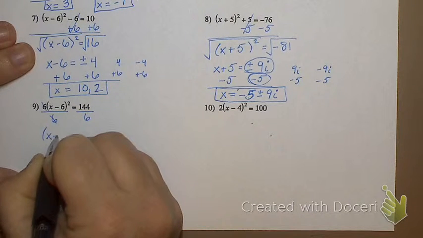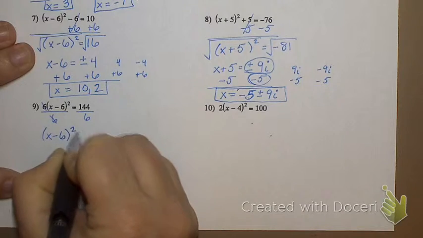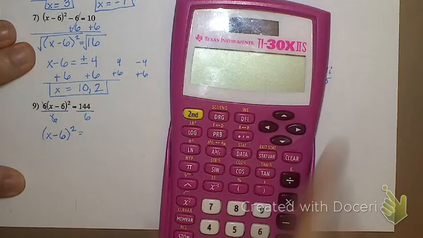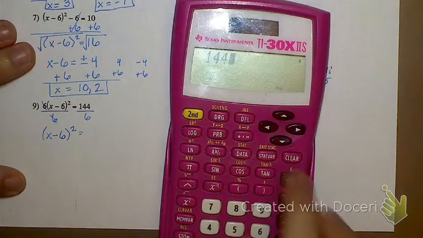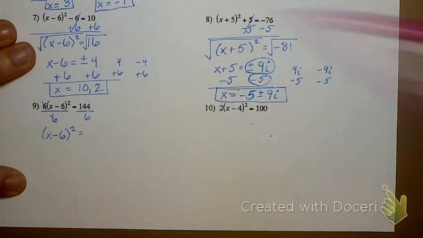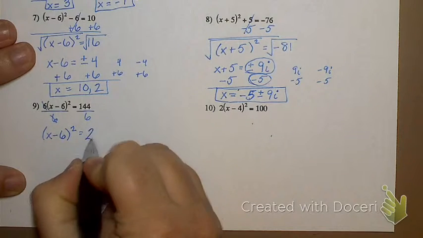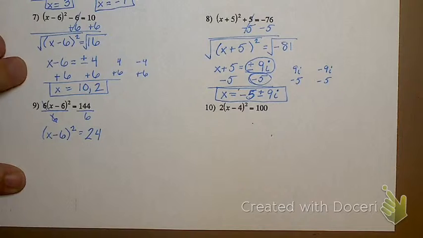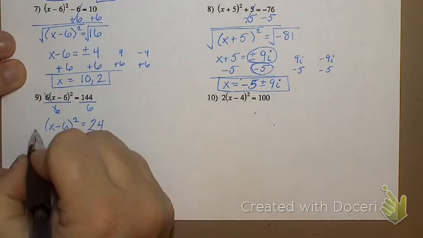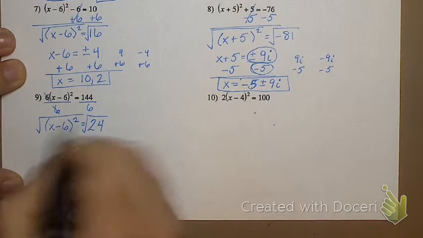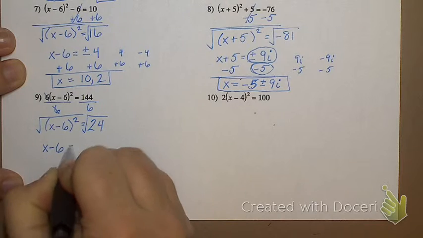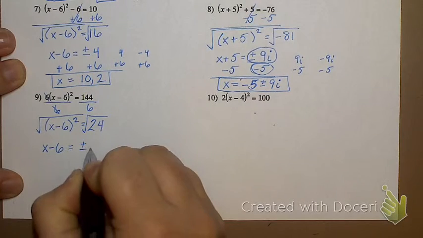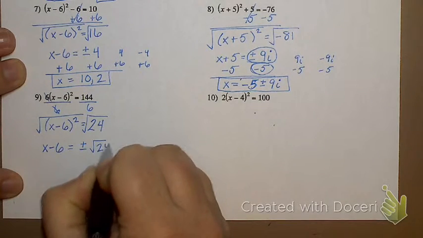That leaves me with x minus 6 squared is equal to 144 divided by 6 is 24. Now what? Square root both sides. So x minus 6 equals plus or minus radical 24.